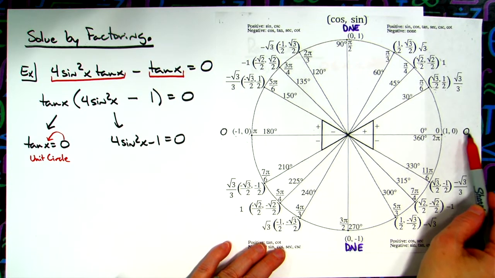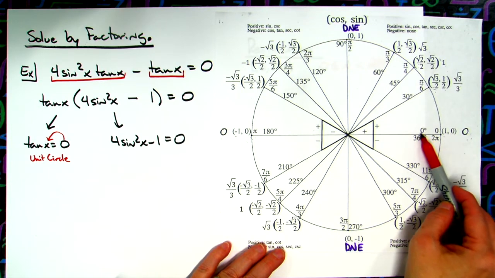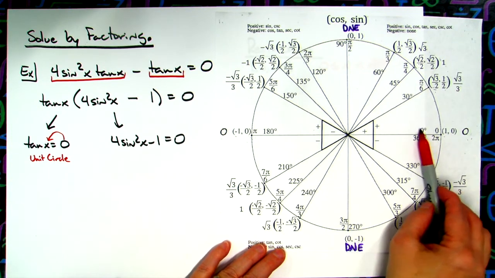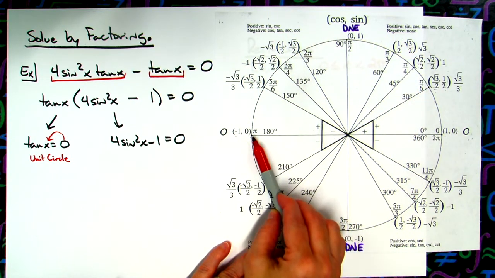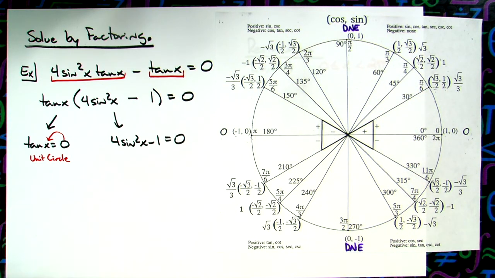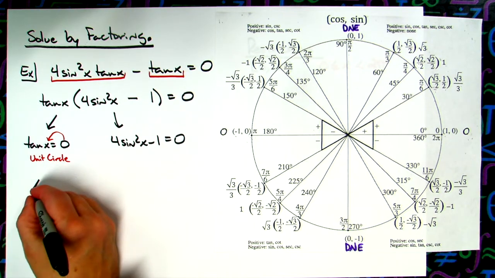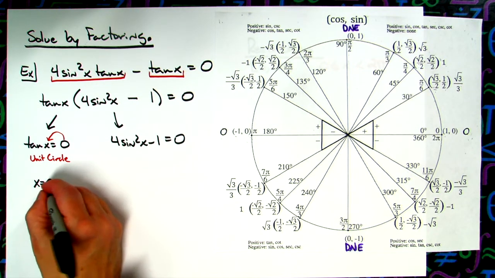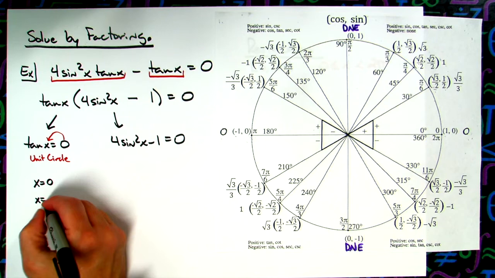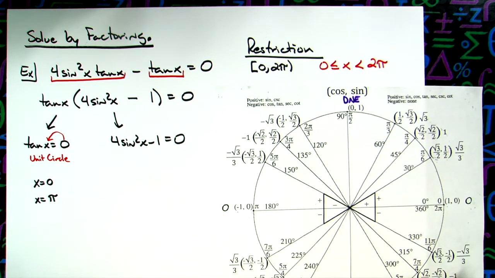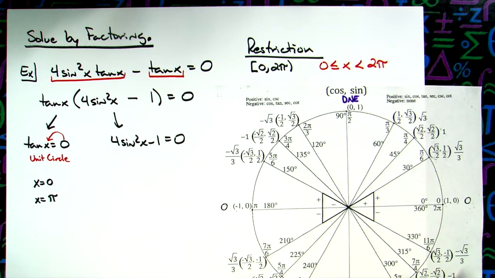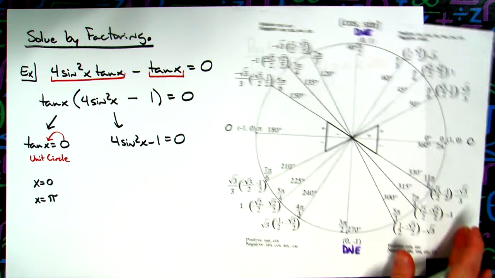Tangent is 0 at 0. Tangent is also 0 at pi. Okay, so over here I got an answer of 0. I got an answer of pi. Are both of those in my interval from 0 to pi? Yep. Okay, so I got 2 answers so far.